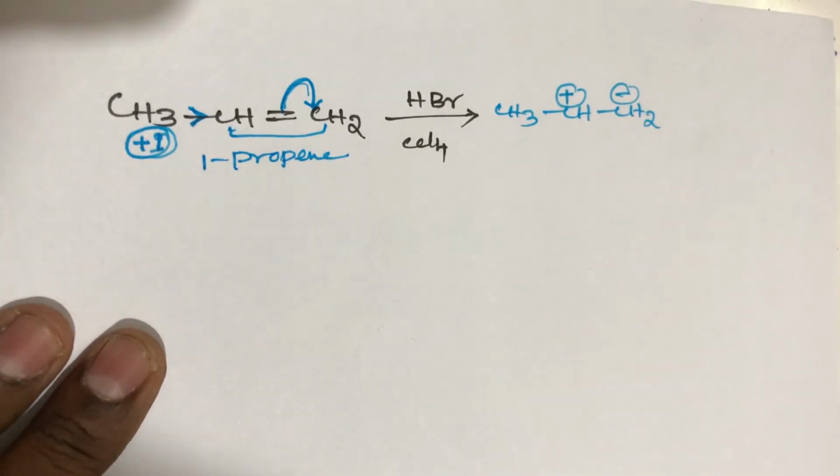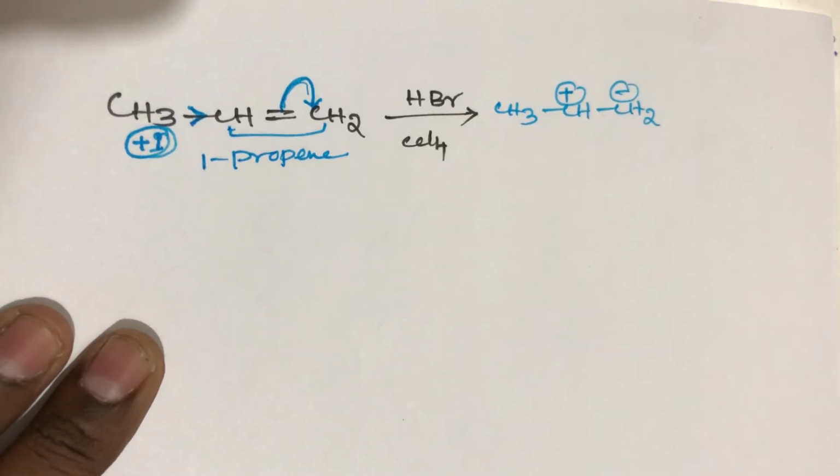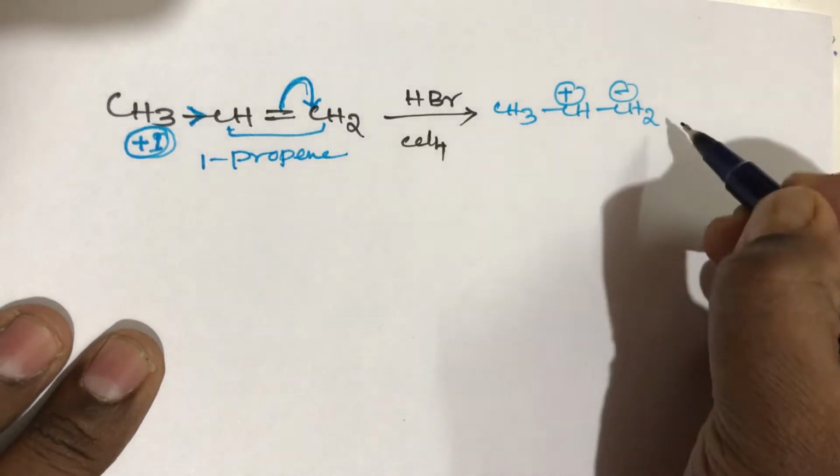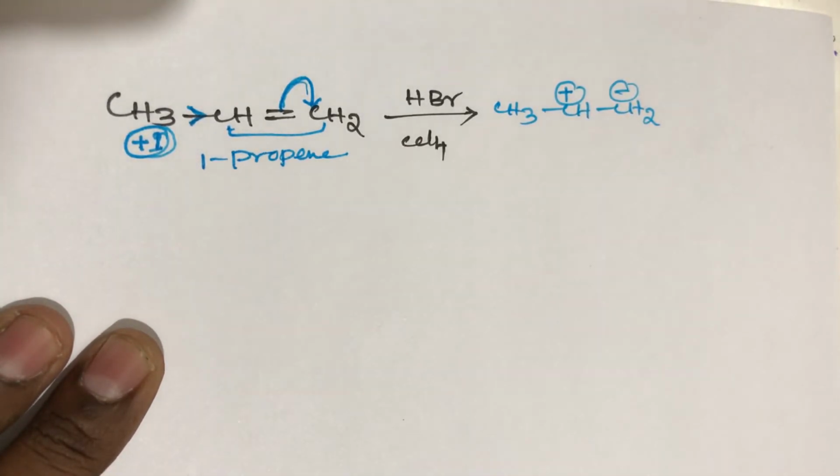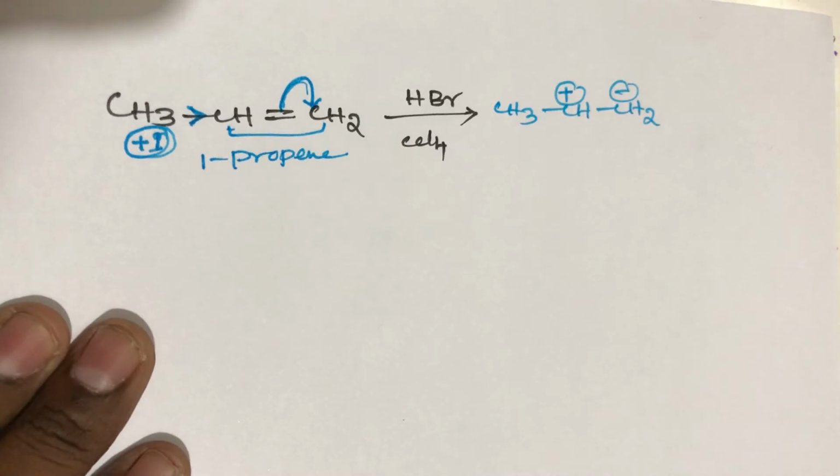Now, what to do in the next step? In electrophilic addition reaction, the first attacker is the electrophile. What is an electrophile? Electrophile means a positive species, nucleophile means a negative species.